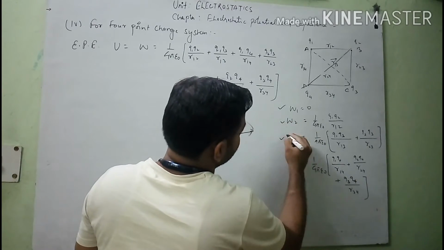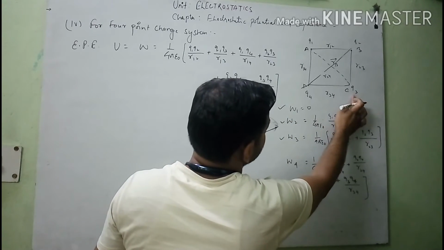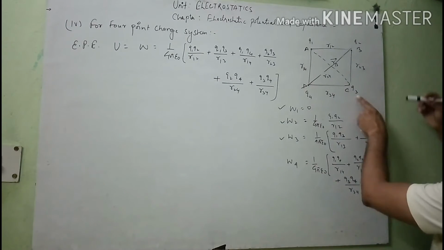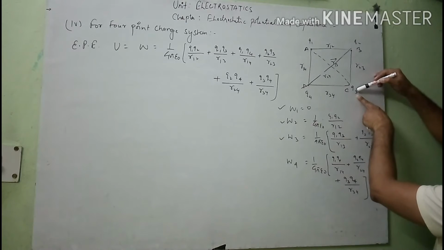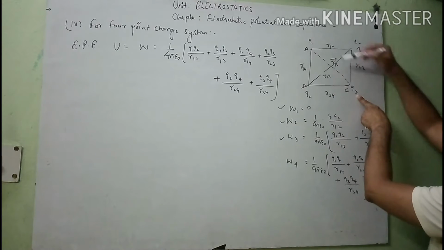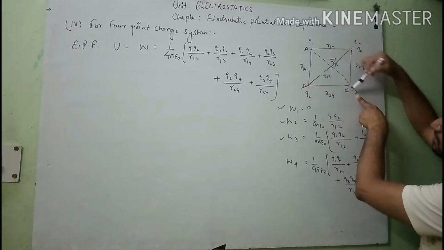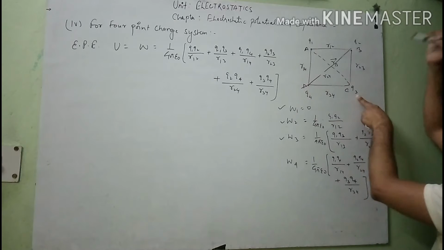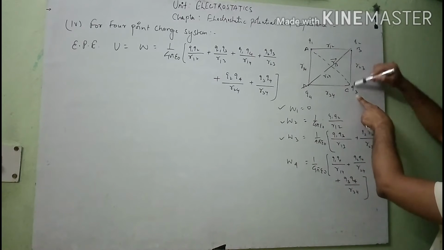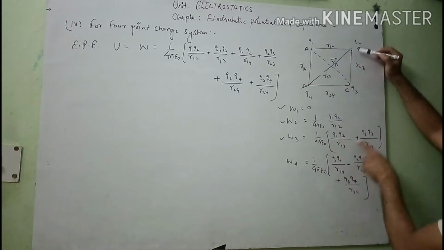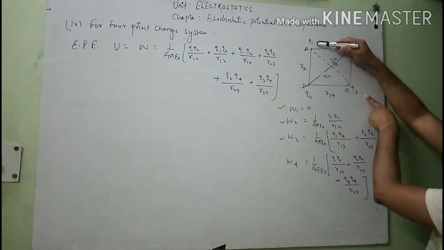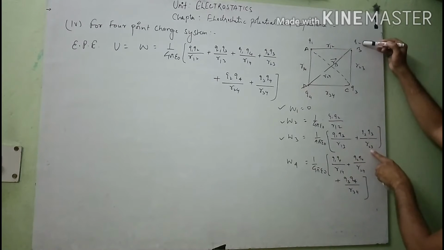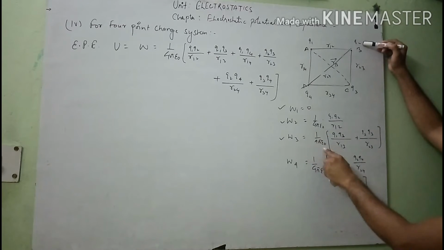Similarly, when we carry the charge Q3 from infinity, Q3 will do the work against the charge Q1 and against the charge Q2. So the final formula will be 1 over 4 pi epsilon naught times Q1 Q3 over R13 and Q2 Q3 over R23.